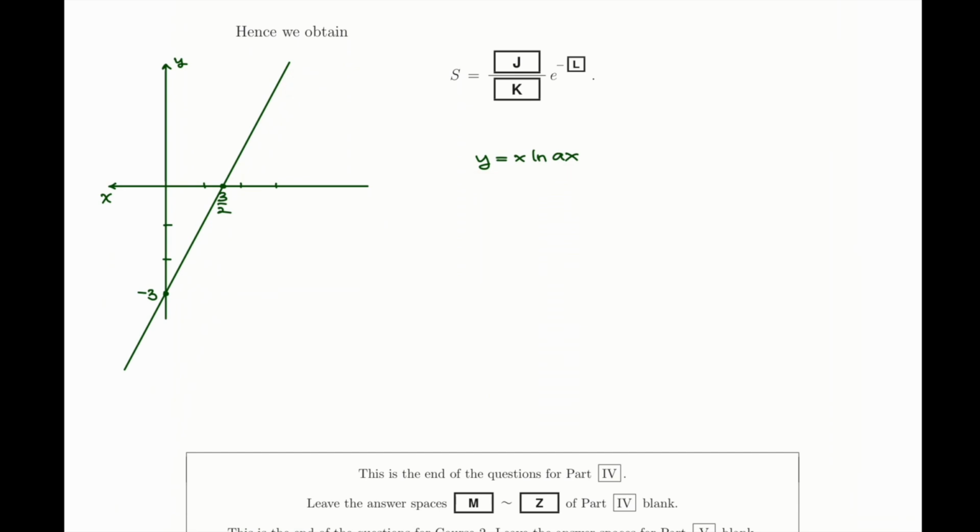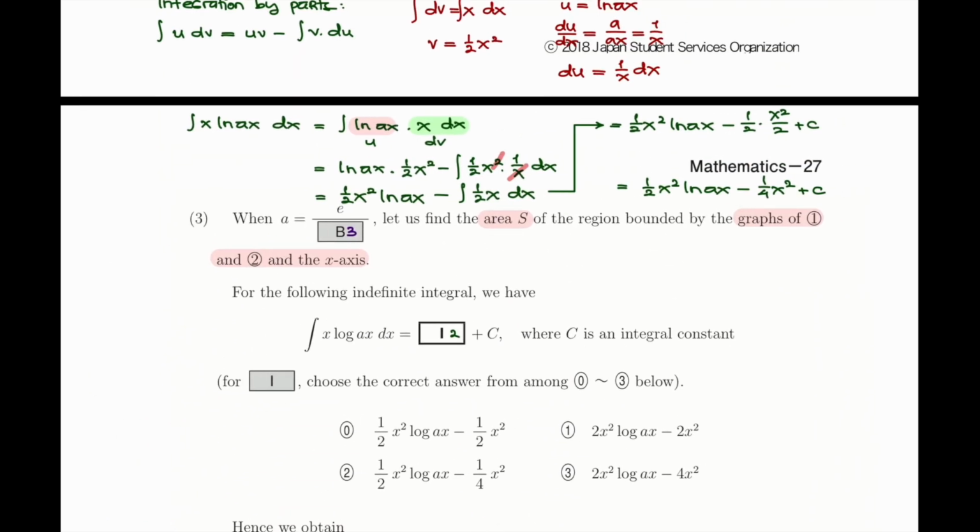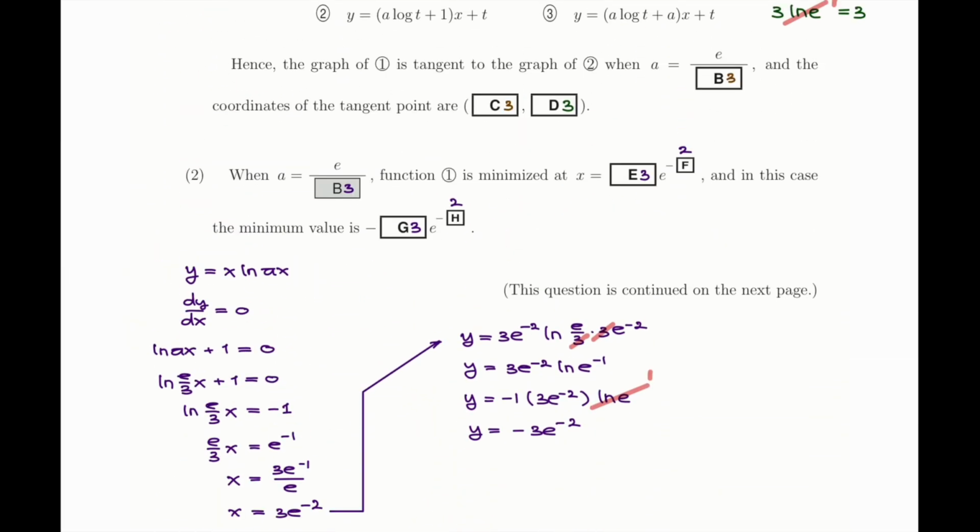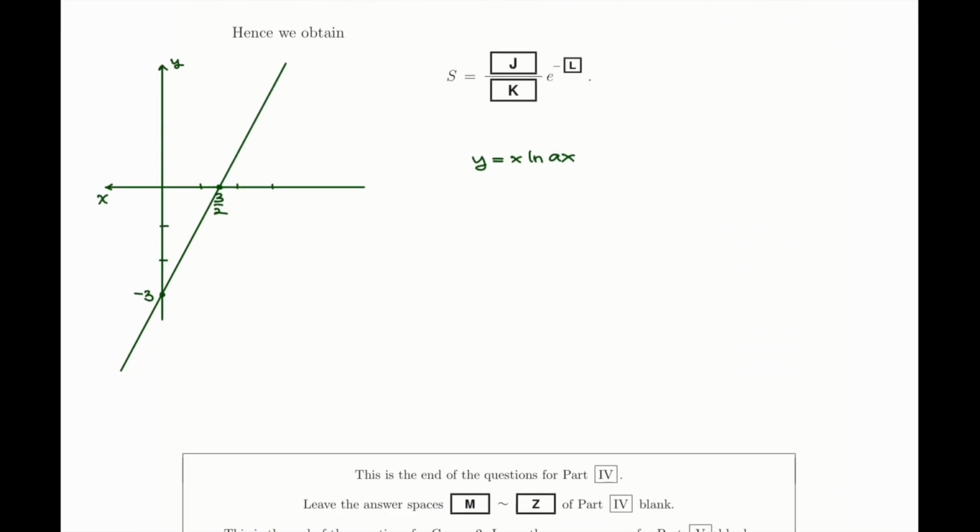The tangent point is (3,3). We already found it in the previous question. The coordinate of the tangent point is (3,3). So these two graphs will touch at (3,3), somewhere here. Just assume this is (3,3).